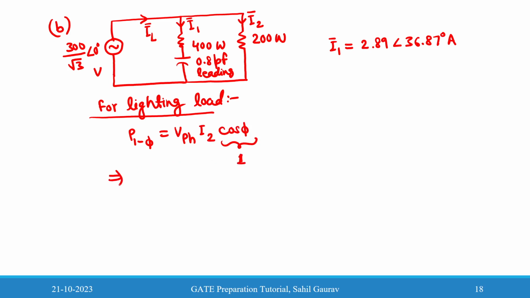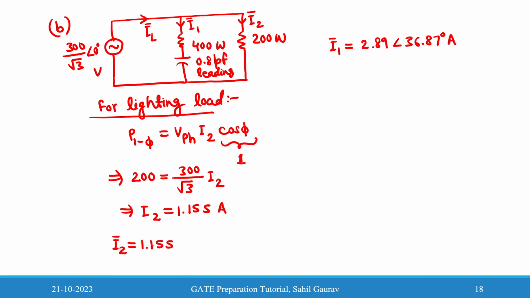So single phase power is 200 watt, V phase is 300 divided by root 3, and I2 will come here as 1.155 ampere. Now this is the magnitude. If we want to write the angle, then what will be the angle of I2? Sir, 0. Yes, very good. So I2 will be at angle 0.